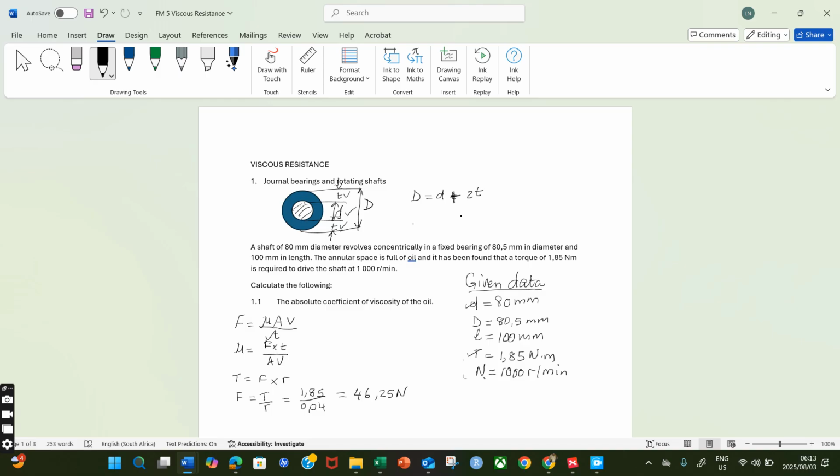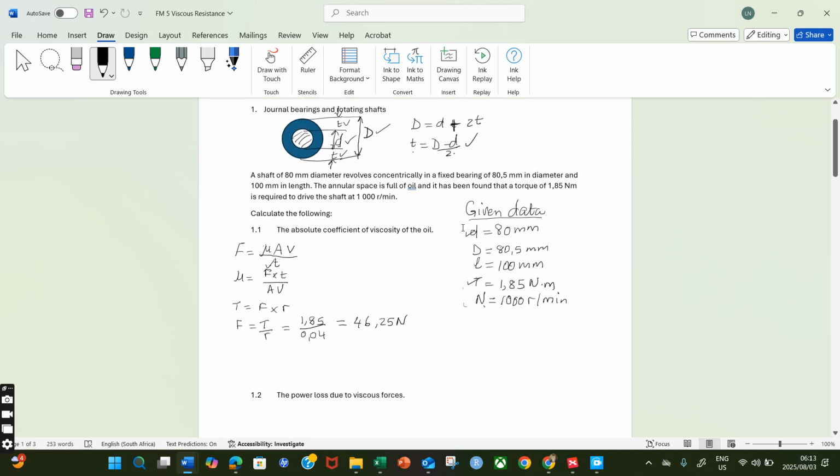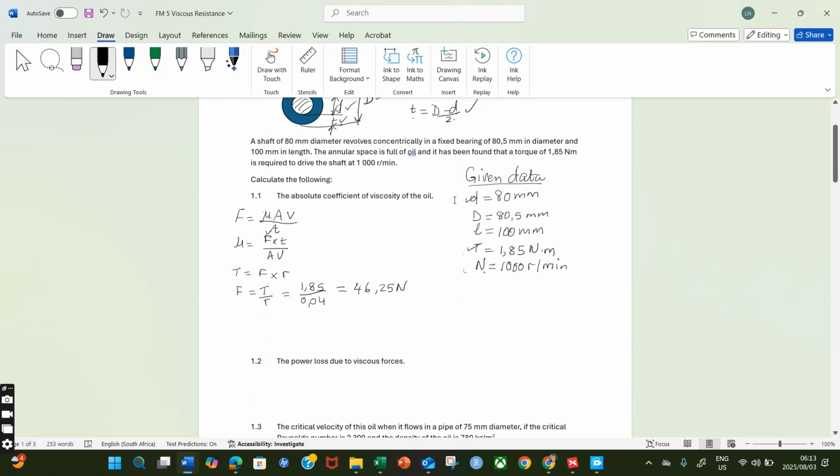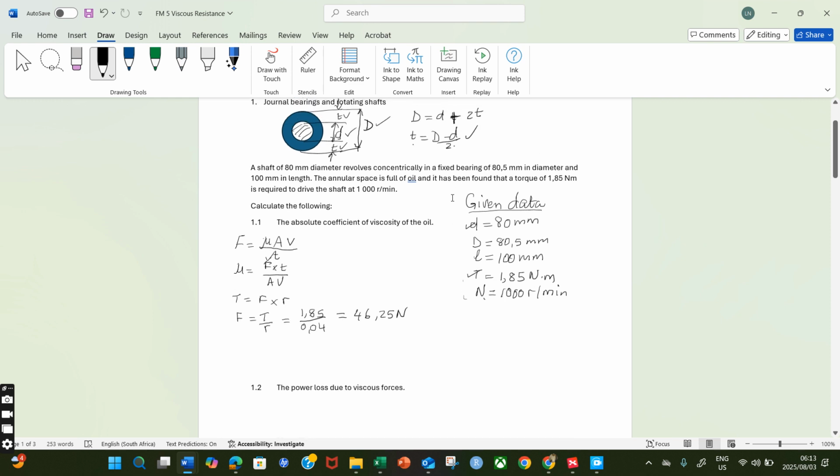They give us the big D. So to find T in this case, we'll say T is the big D minus the small d over 2. So we use this formula to find the clearance between these two.